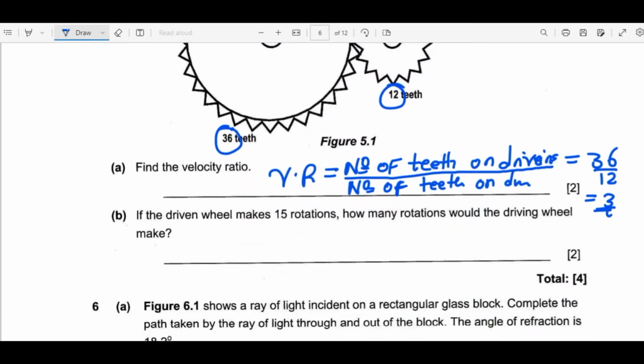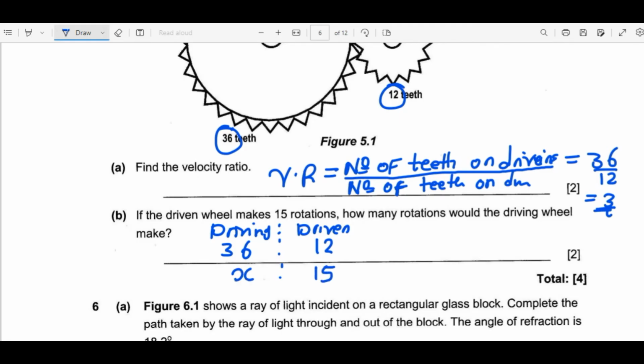So how can we do some math here? We have the driving wheel with 36 teeth and the driven wheel with 12 teeth. The number of rotations given is for the smaller one, which is 15.